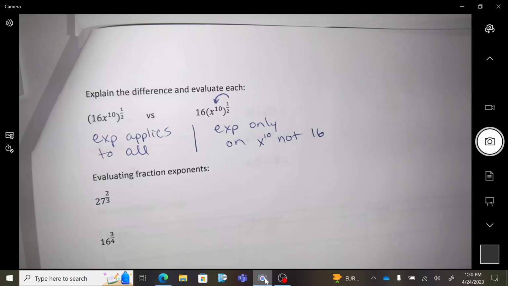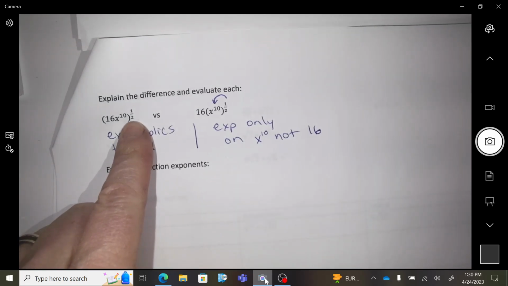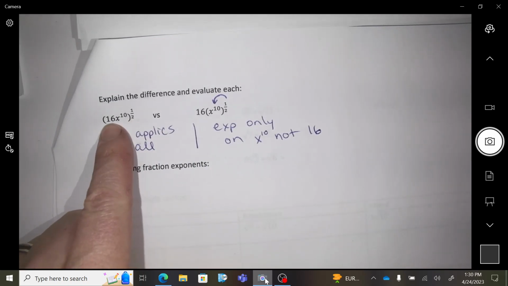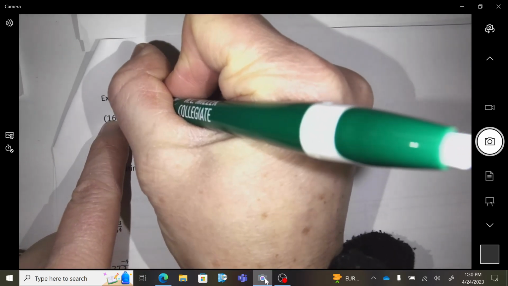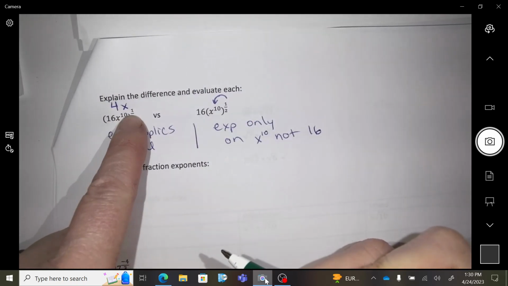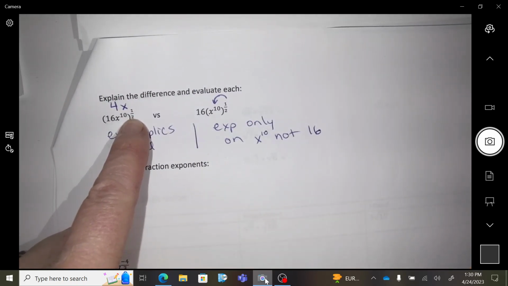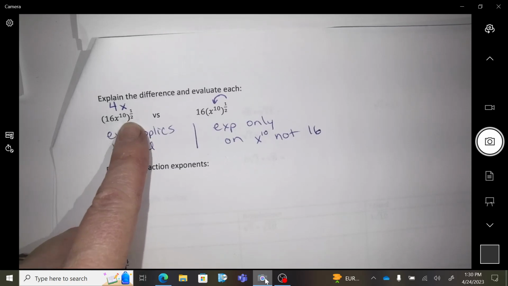Okay, so we're going to find the answer. When you do a half, it's also the same math as doing the square root. So this one, what is the square root of 16? 4. What's the square root of x to the 10th? Or you can times those, because they're an exponent to an exponent.